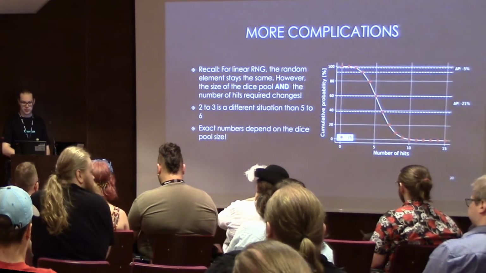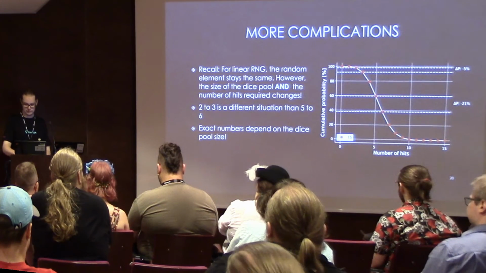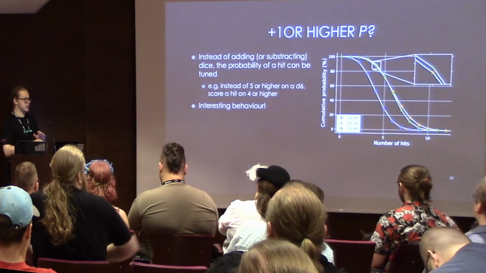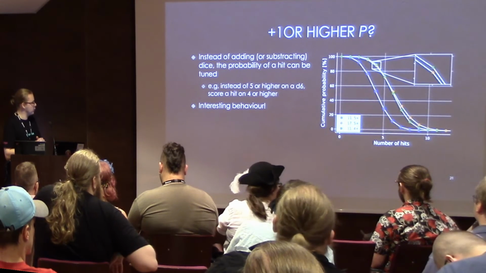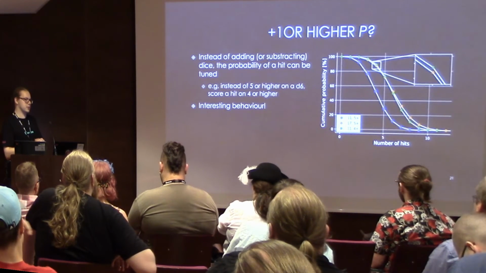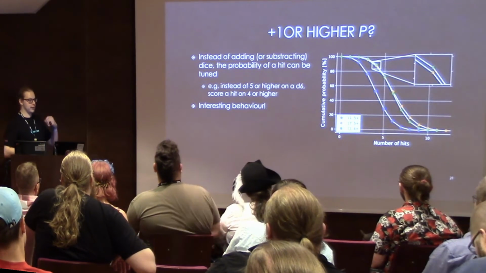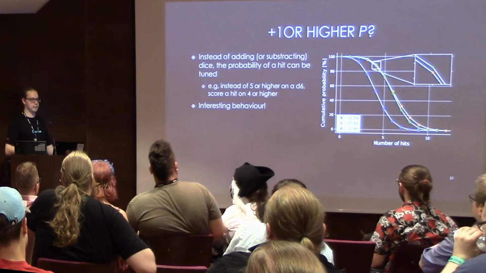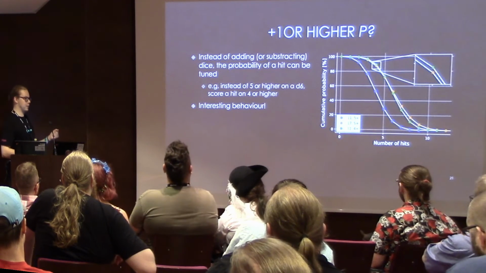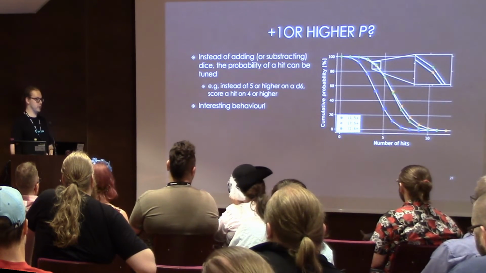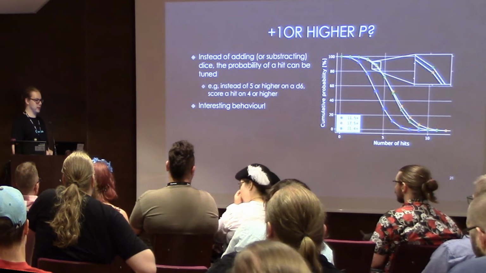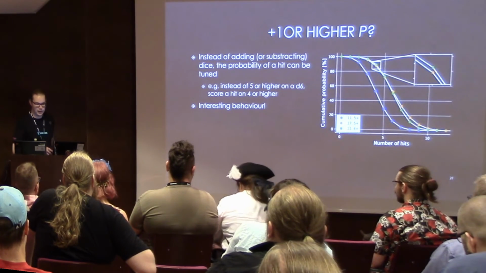Now the complications are just going to keep coming, because sometimes there is a situation where instead of adding and subtracting dice, you have an opportunity to choose to have the dice score a hit on a higher probability. So for example, if you have ever played Arkham Horror, there's a situation where you can get a blessing, which then increases your chances of getting a hit.